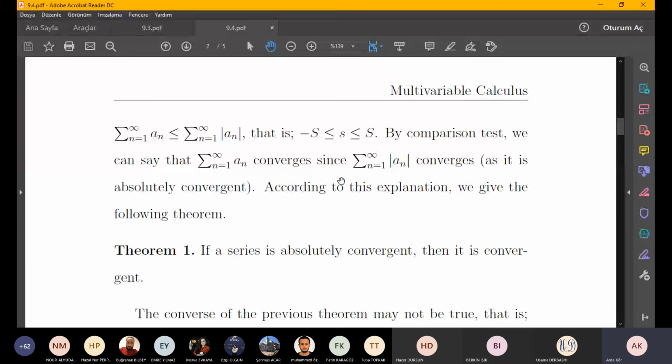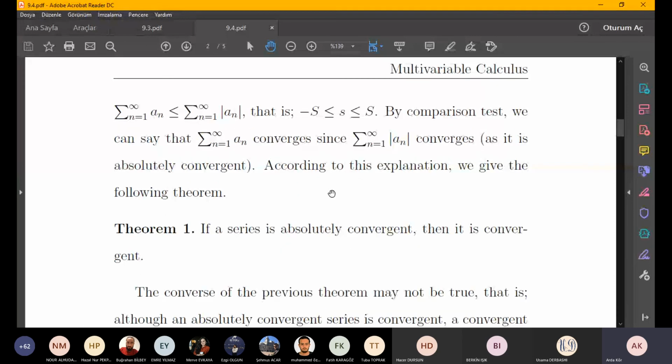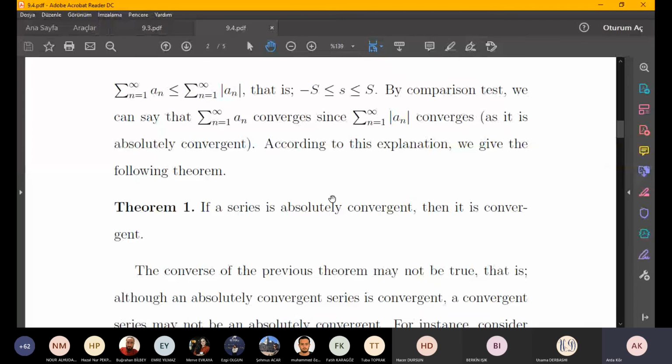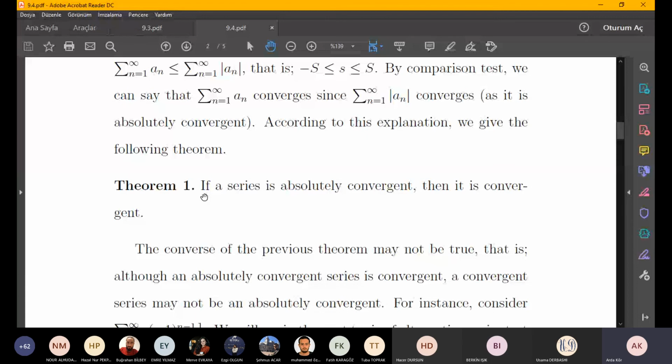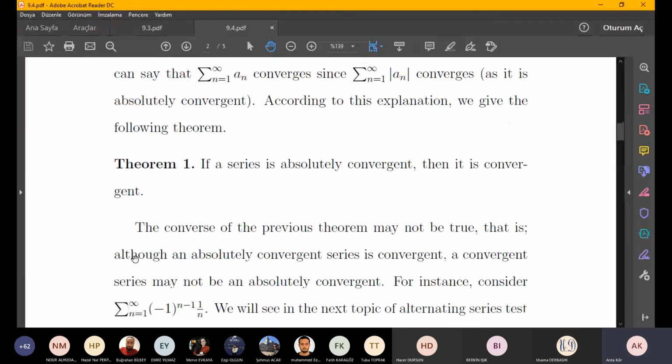So according to the theorem that I was talking about, if a series is absolutely convergent, then we can directly say it is convergent.